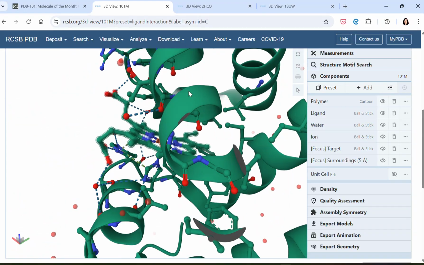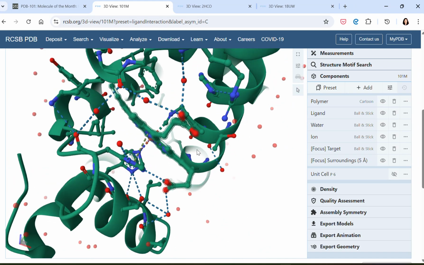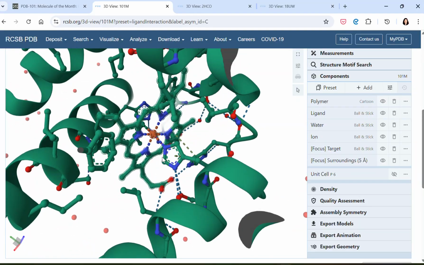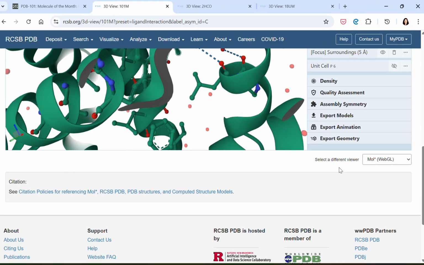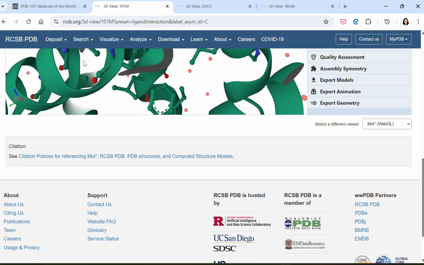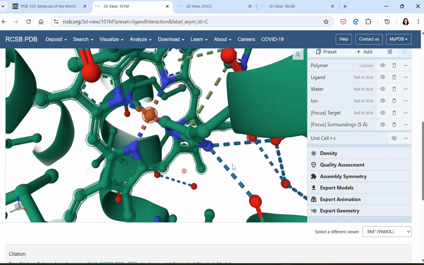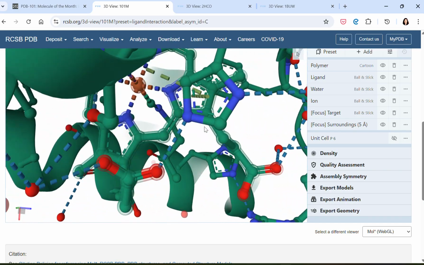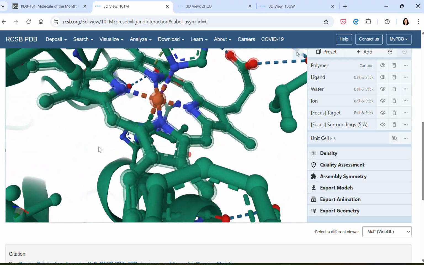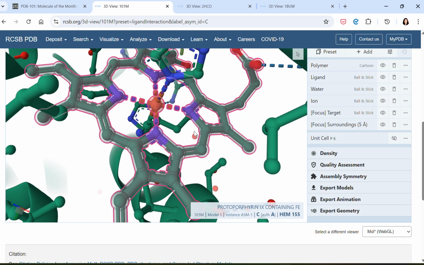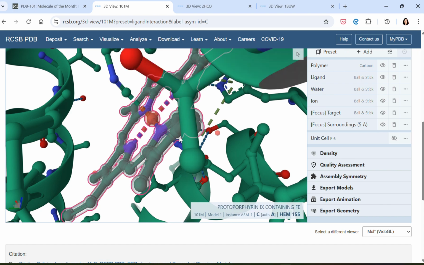You can see all the hydrogen bonding. Histidine. Okay. It doesn't have oxygen in this. All the green ones that are shown here are carbon, and this is iron. The red ones usually are oxygen, and the blue ones are nitrogen.